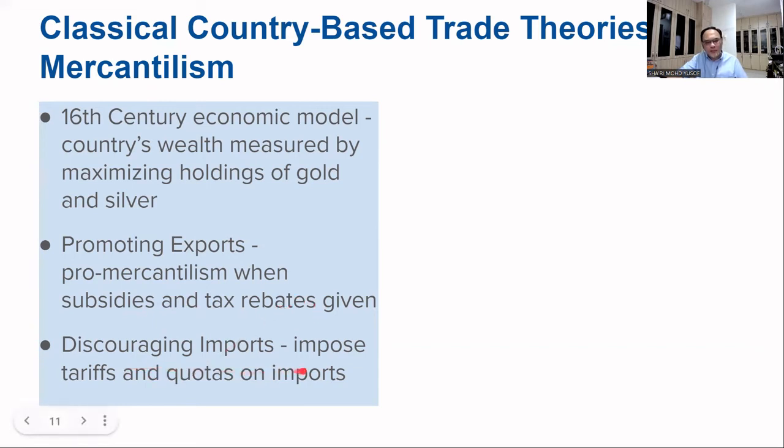They discourage imports by imposing tariffs and quotas. So they try to reduce the flow of gold outside their country. They actually keep gold. It seemed to be a sound economic policy at that time.